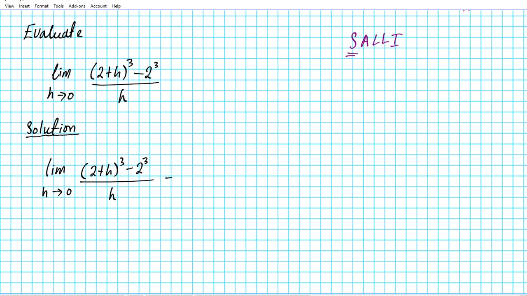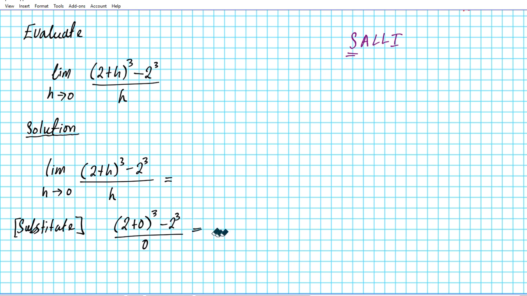If we carry out the substitution, following the Sally algorithm, this is going to become 2 plus 0 raised to the third power minus 2 to the third power divided by 0. We just substituted 0 for h because that's what h is approaching in this limit.